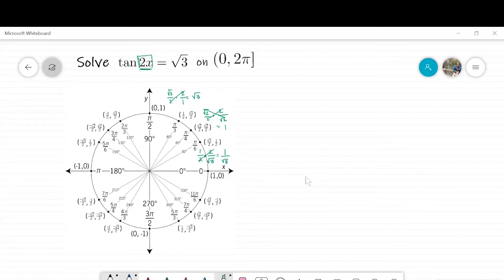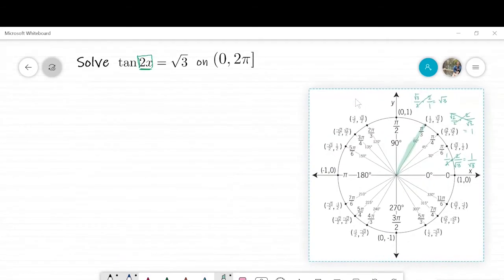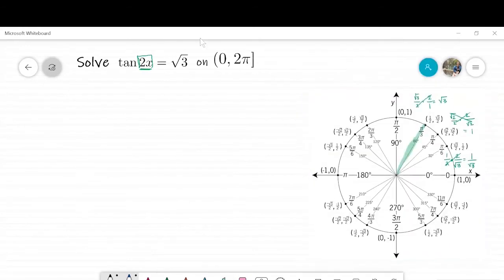So this is the angle right here that we were looking for to get us to that root 3 value. Is that okay with everyone? Okay, so let me move this out of the way. So what that tells us is that tangent of our angle, and in this case our angle is 2x, is equal to pi over 3.